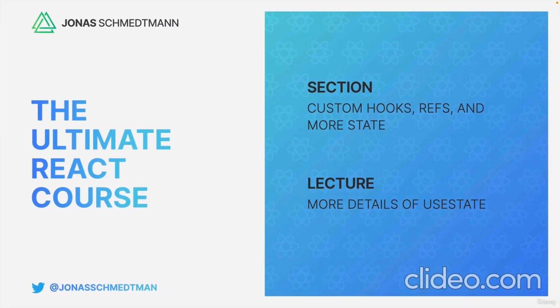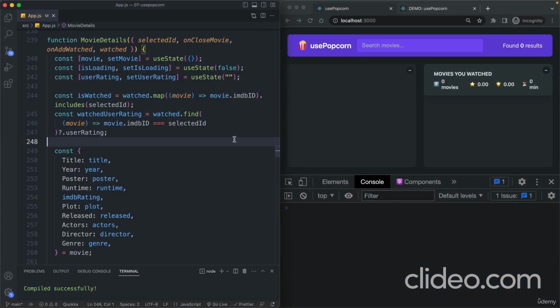Let's now look at the super important useState hook again and review some important details that we have already talked about as well. So, we have been using the useState hook since almost the beginning of the course because this is in fact the most important hook in React.